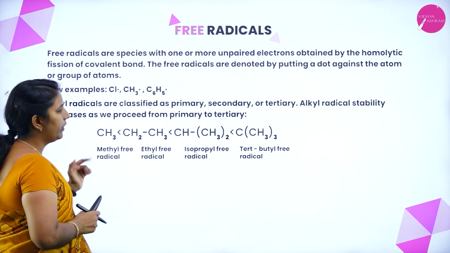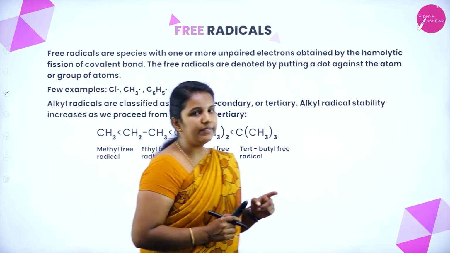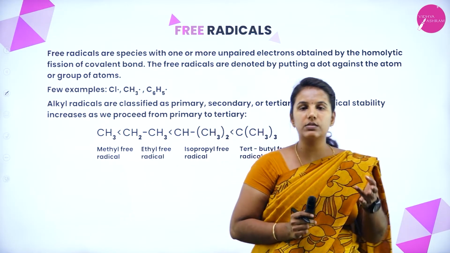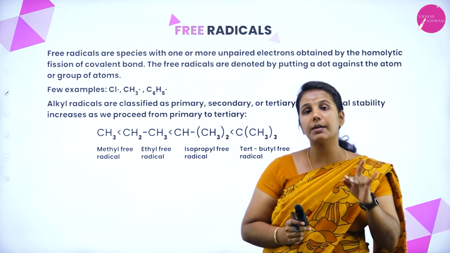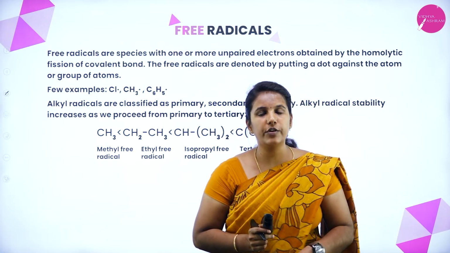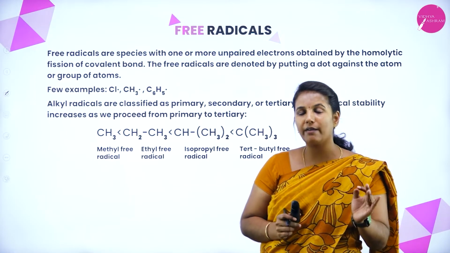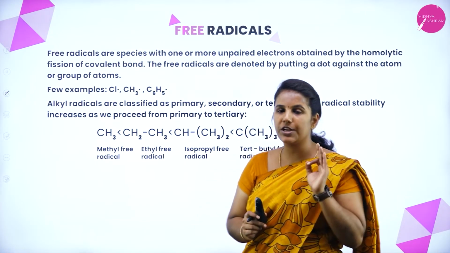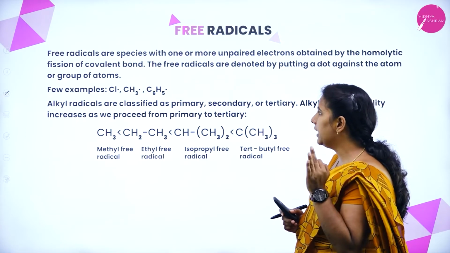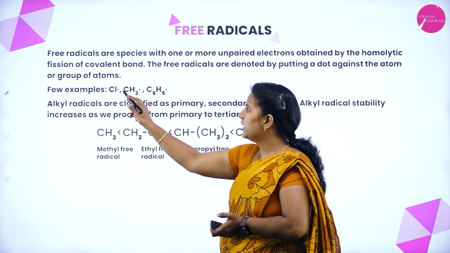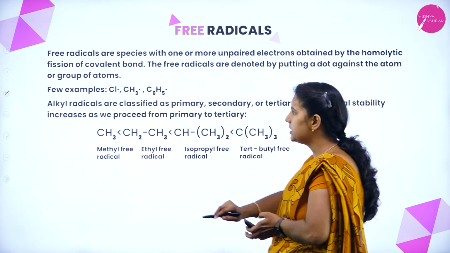Next we have free radical. So in the heterolytic cleavage, which are the intermediates? One is carbocation and the other is carbanion. Next thing is free radical. Remember, the free radicals are nothing but neutral species which have an odd number of electrons, which are formed from the homolytic cleavage. You can see Cl, CH3 and C6H5.